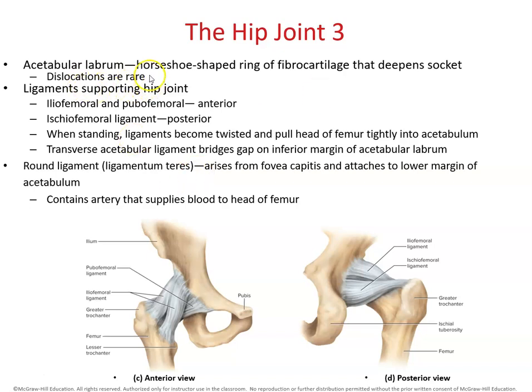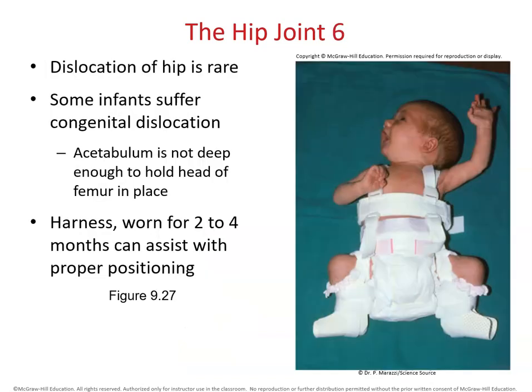And we talked a minute ago, the dislocations are rare. That's because we have some cartilage in that socket that helps prevent dislocation. It is possible, for instance, to have a congenital disorder where their hips, because of essentially a birth defect, are able to dislocate because the acetabulum is too shallow.